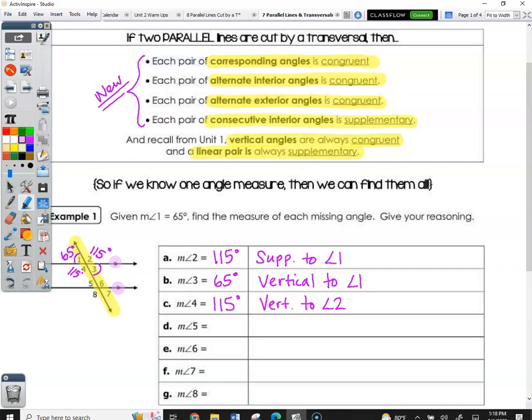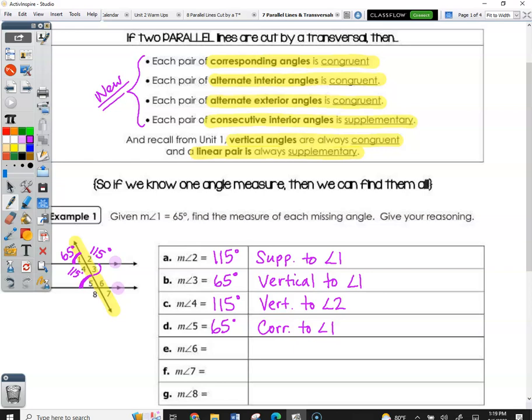So when this transversal splits right here, this 65 here is also where down here? 5, because it's corresponding, right? Let's write it's corresponding to angle 1. That's one way to get it.